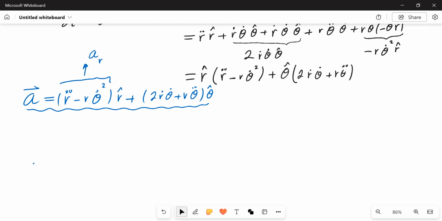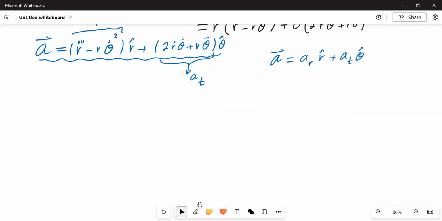And the azimuthal component, which is this one, we call it a t, a tangential component. And therefore, we can write a in terms of a radial component and a tangential component, just like the way we did for the velocity vector.